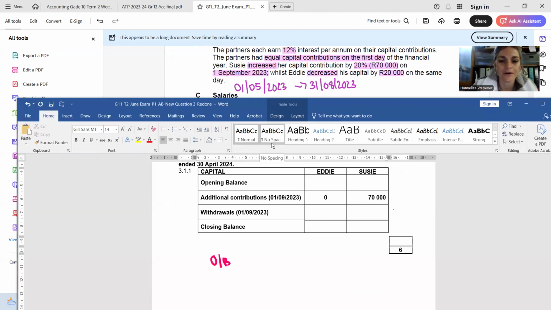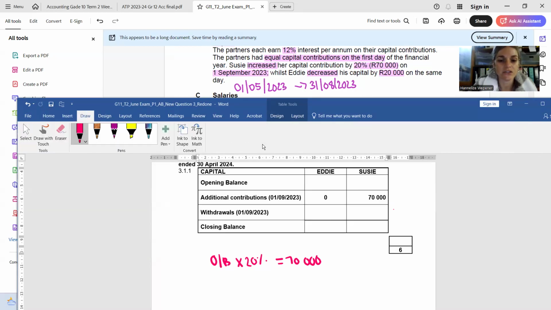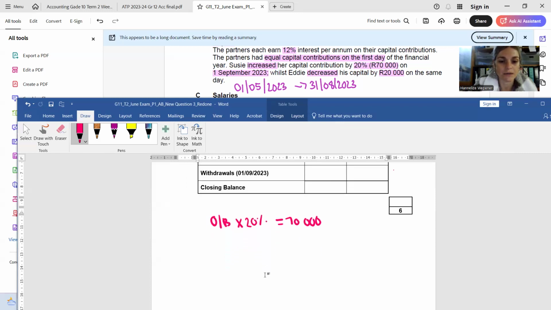There we go. Her opening balance times 20% to get to 70,000 Rand. So in other words, times by 20 divided by 100. So we now need to get back to what was this opening balance. So we're going to do the inverse.